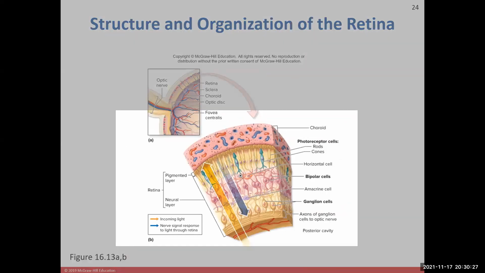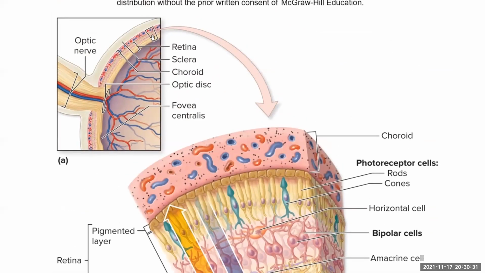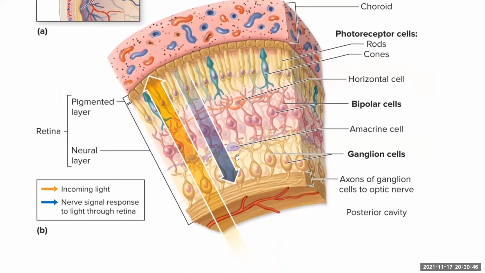We'll talk more about this in lecture, but you can see, here's the retina, and all we're going to do is take a nice dissection right out of the neural layer of the retina, and we'll zoom in here. You'll notice, in this outer layer here, this is where we're going to find our photoreceptor cells, our rods and cones.